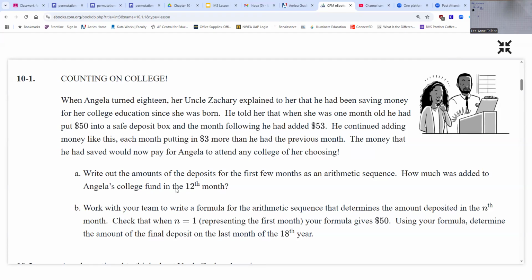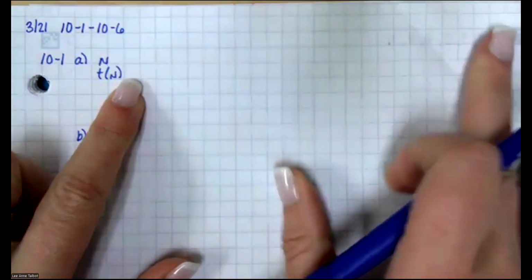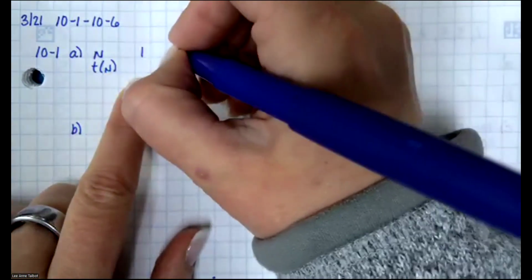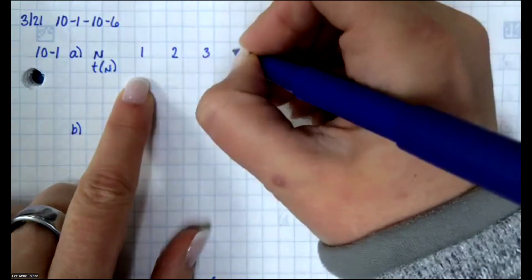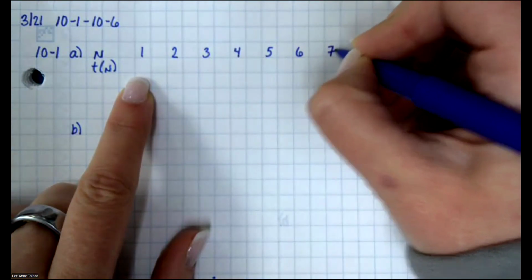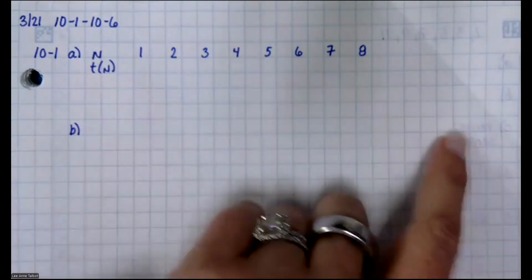So this is actually math one, but we're going to list out the amounts for the first 12 months. So N is the month.